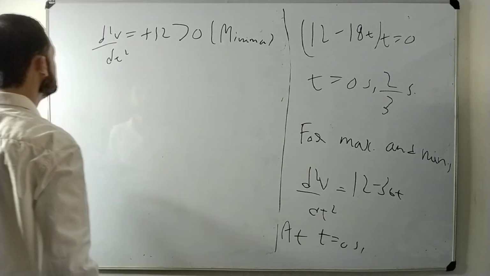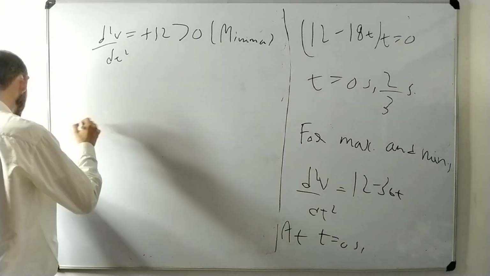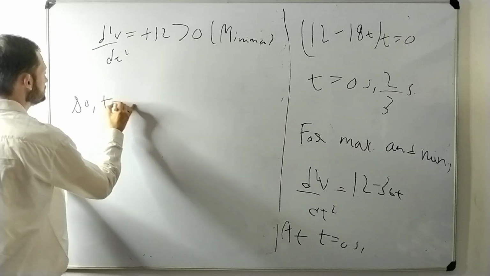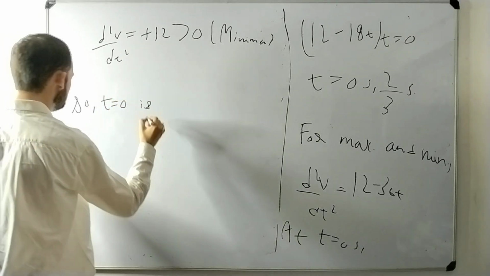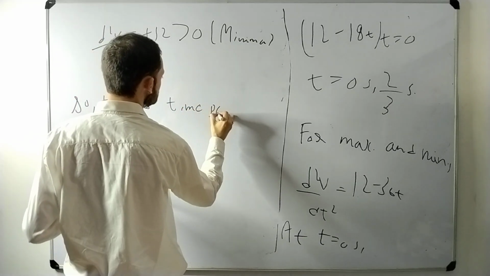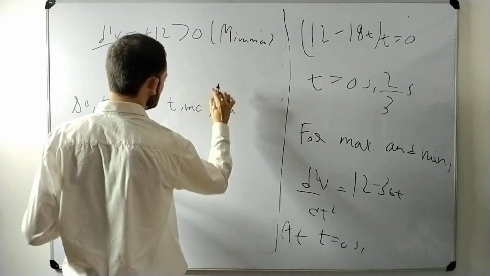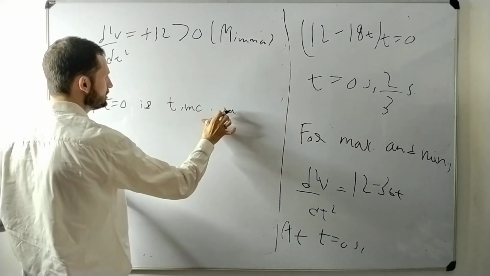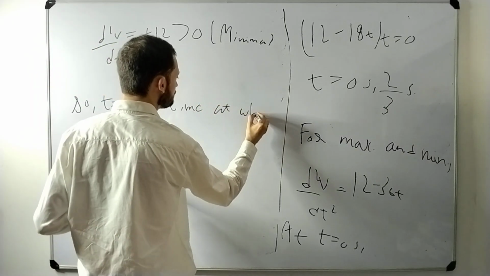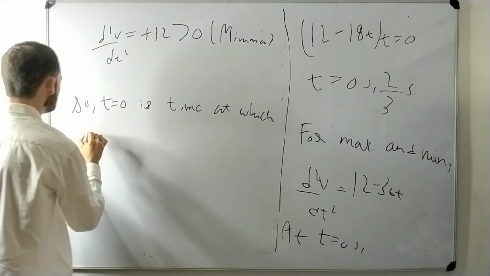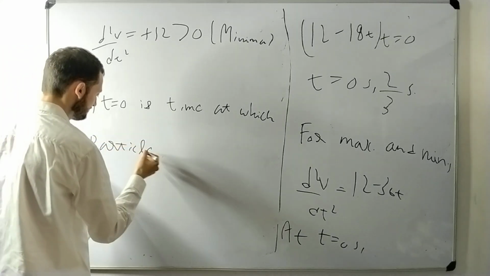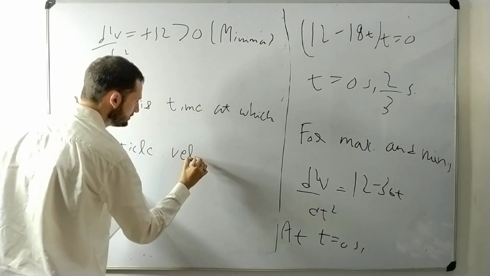So t equal to 0 is the time at which the particle velocity is minimum.